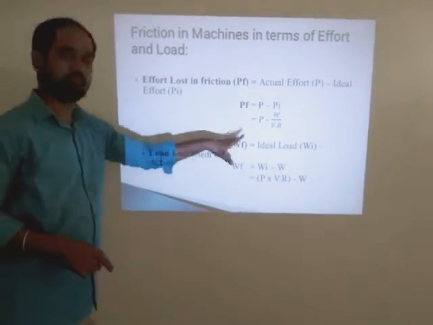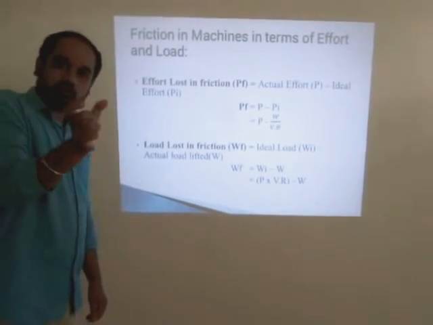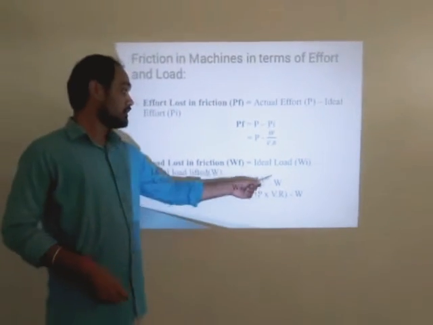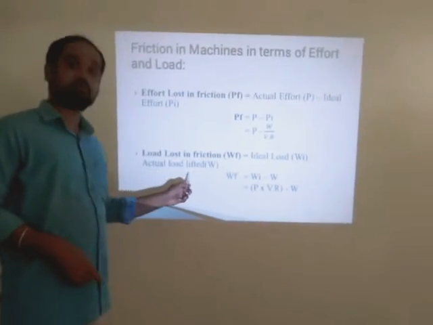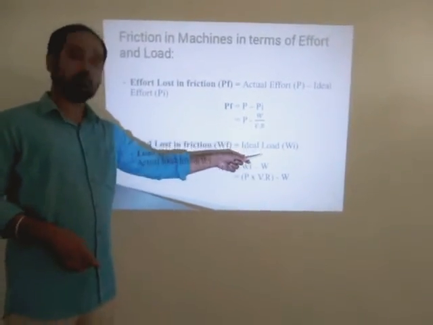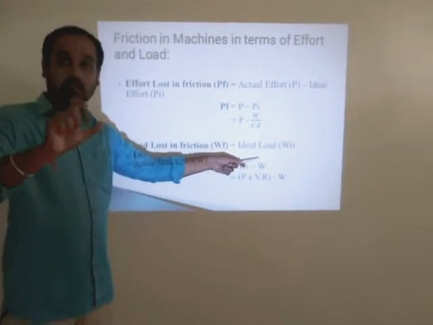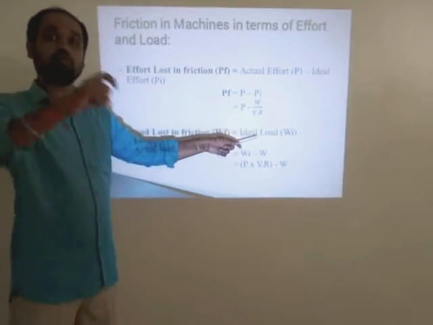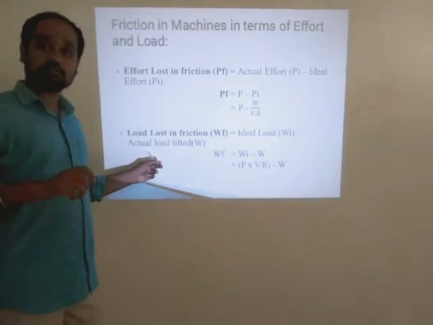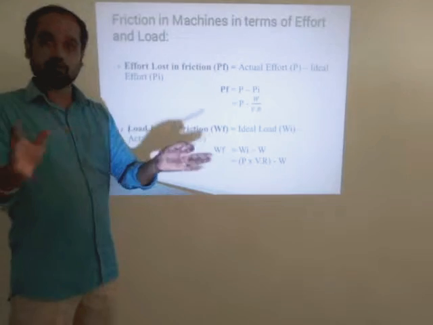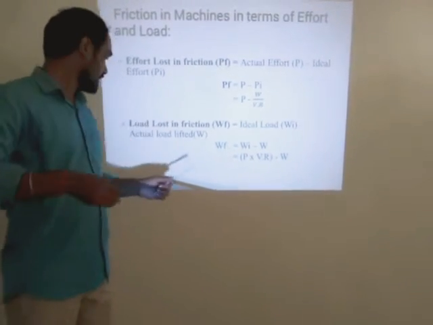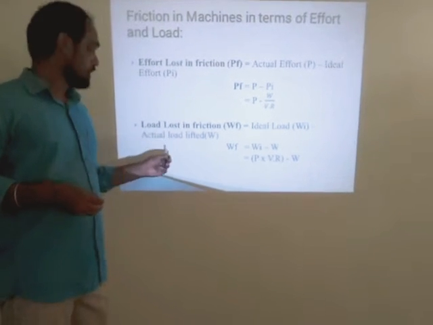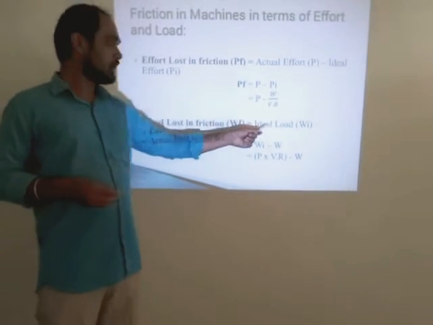Then load loss in friction. There is a loss of load due to friction, and it is calculated as ideal load minus actual load. Ideal load means the load in an ideal machine, which is greater than the actual load. Actual load means the load in a regular machine when there is friction, and it is always less than the ideal load.